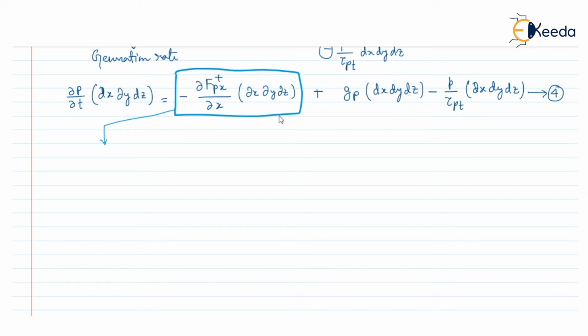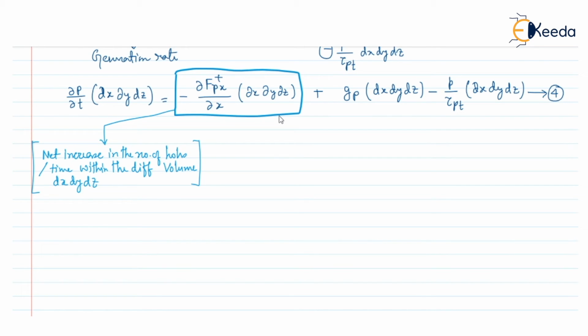It gives the net increase in the number of holes per unit time within the differential volume dx dy dz.